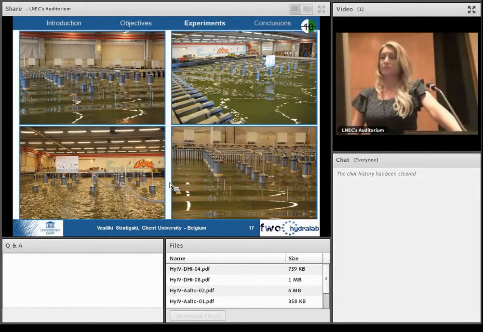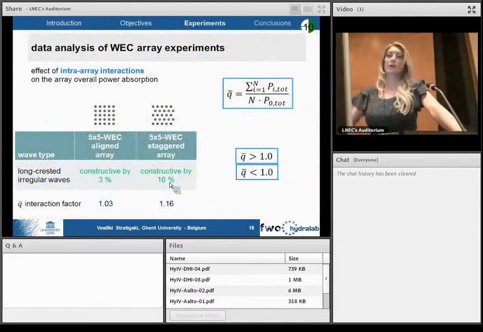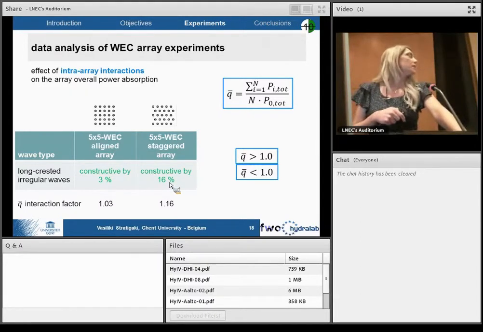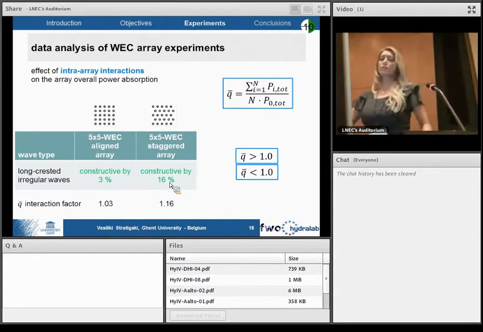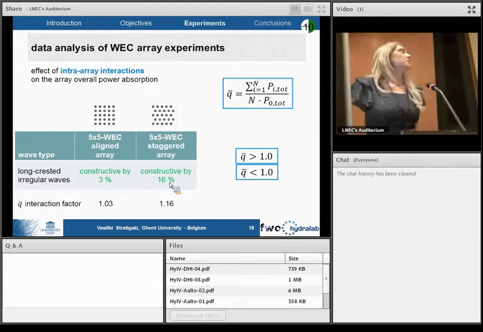So for the aligned array of 25 devices, this Q is 1.03, which means that the intra-array interactions in this case are slightly constructive by 3%. I would like to mention that this small percentage does not mean that there are almost no intra-array interactions.